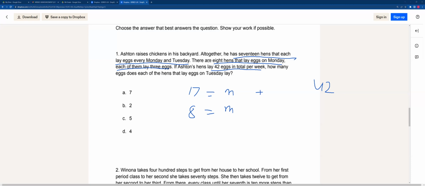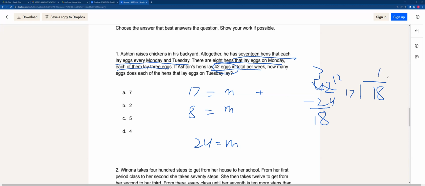So for Monday, it says 8 of them lay 3 eggs. So 8 times 3 will be 24 on Monday, and then I'm gonna subtract 24 from the total amount of eggs. So it'll be 18, and 18 divided by 17 for Tuesday, and that'll be 1 point something. So we can use 2.